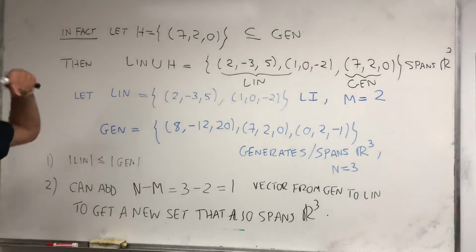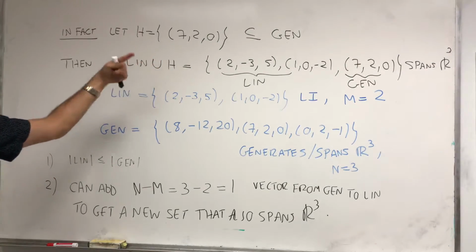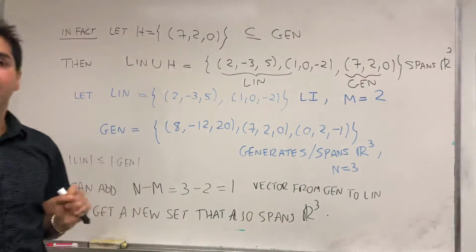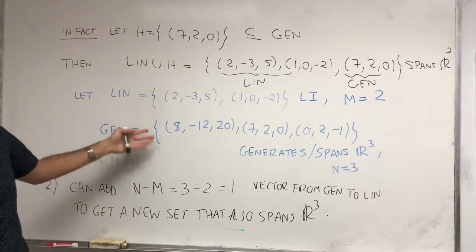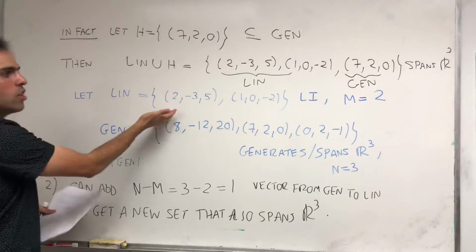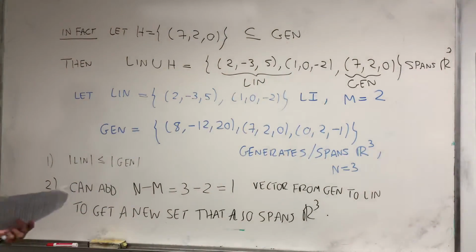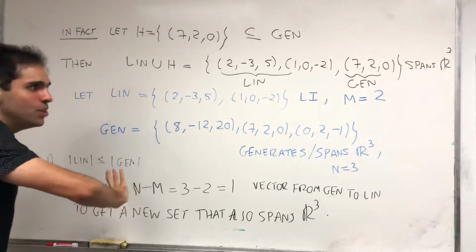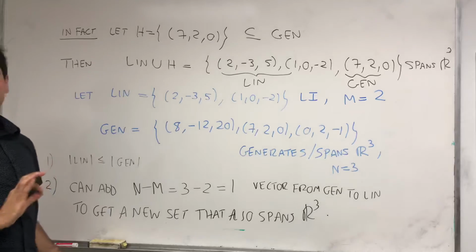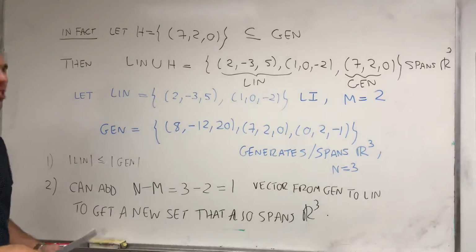Also, it's not even important that it spans R3, it's really the number of elements you add that's important. Because otherwise you could just start with lin and just add all 3 vectors. Of course you would get a new generating set. But the point is, using just one extra vector, you get a new generating set.